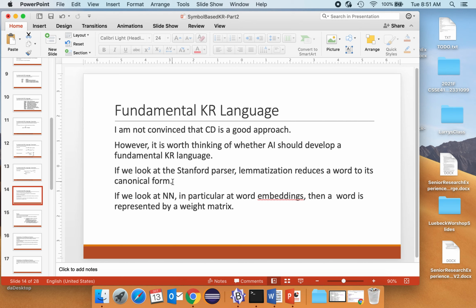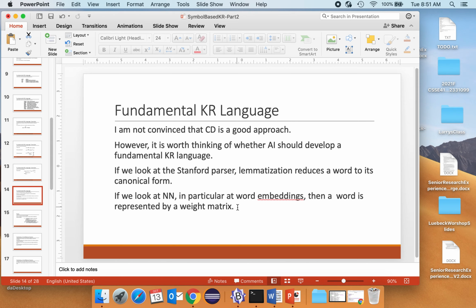So that's not as intense, not as fundamental as what conceptual dependency tried to do, but it's in that same ballpark, right? If we look at neural networks, in particular word embeddings, then we know that a word is represented by a weight matrix. Okay, so again, not necessarily fundamental, but a different way of representing things.